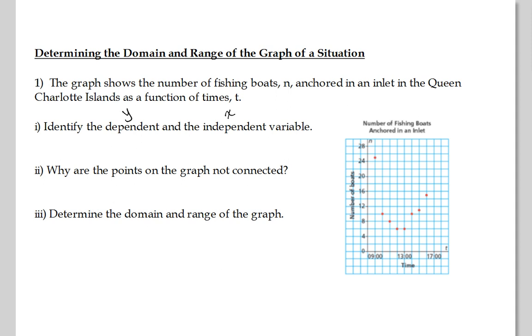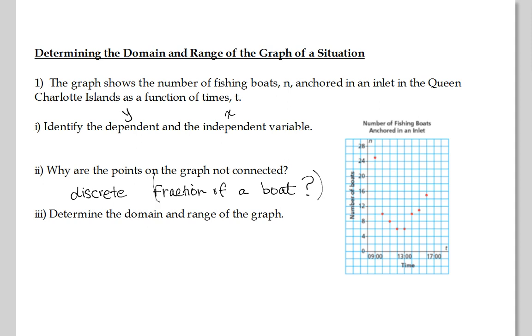Why are the points on the graph not connected? Because it's discrete. You can't have a fraction of a boat.